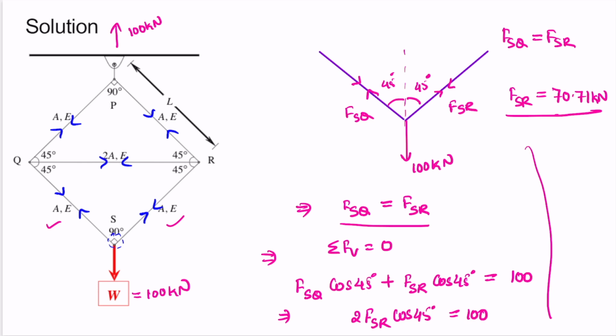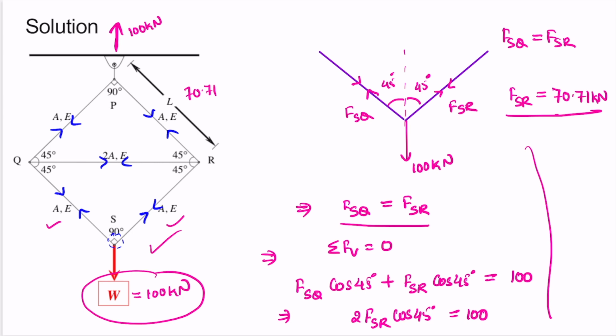Now if we see joint P, then we notice that here also we have this 100 kilonewton similar to this W load here. So here also these two forces will be equal to 70.71 kilonewton, like we saw for FSR and FSQ.